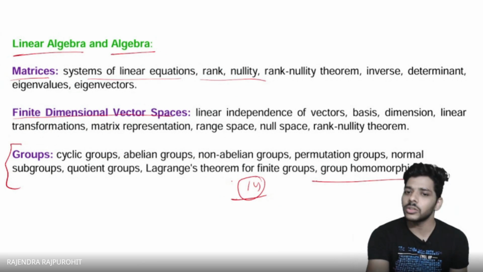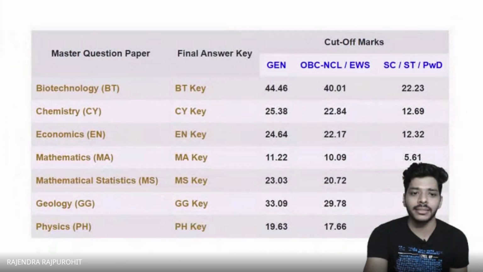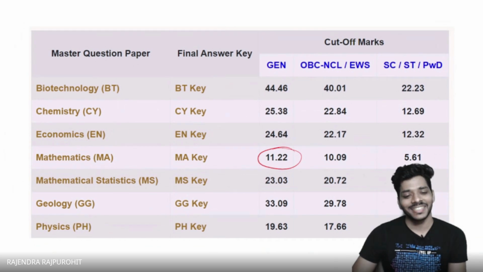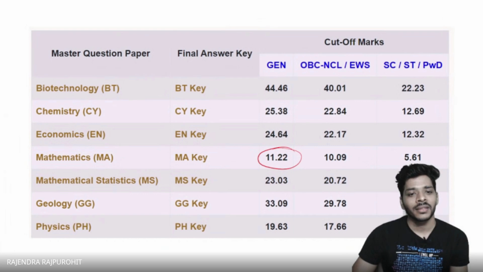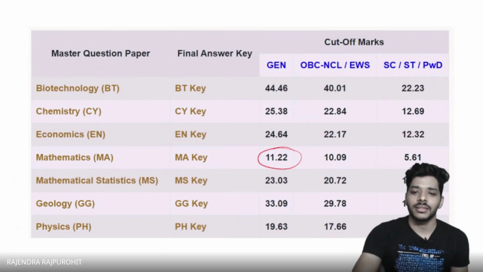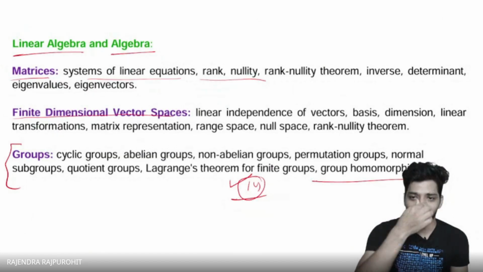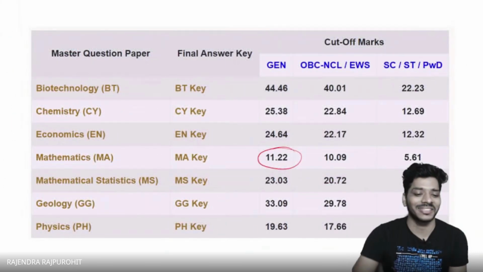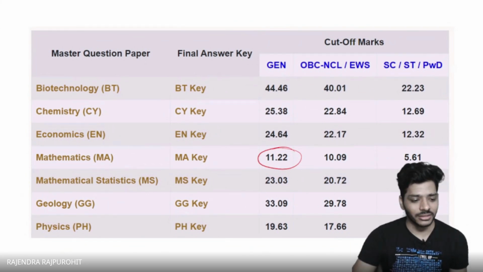Group theory alone was 14 marks, and the cutoff for mathematics was 11.22 marks out of 100, and that too for the general category. So do you see, 14 marks for one subject, and the cutoff is 11.22 marks. I hope you understand the level of depth of the questions asked by IIT Madras.